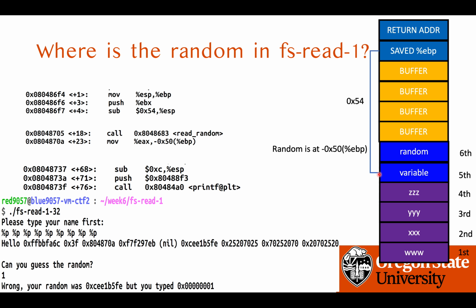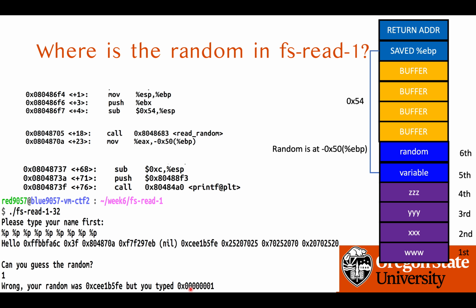This is the EBP, EBP-54, and at EBP-50 we have the random variable. Then they subtract from the stack and push arguments for printf, so the stack will be configured like this. The first %p will print this, then second, third, fourth, fifth, and sixth one.